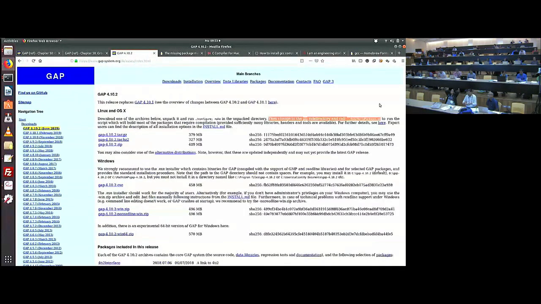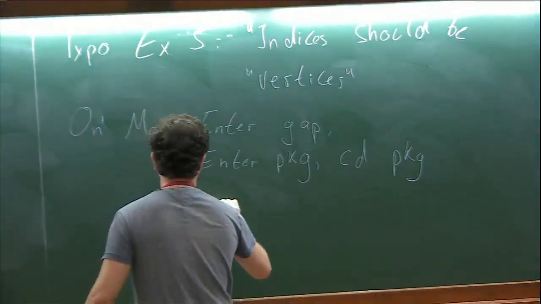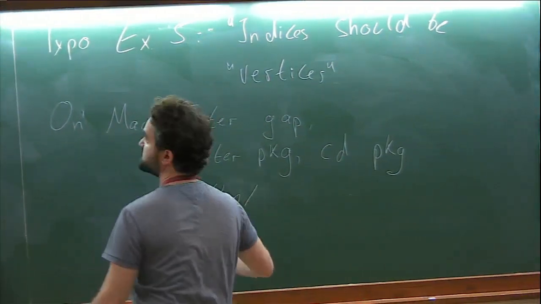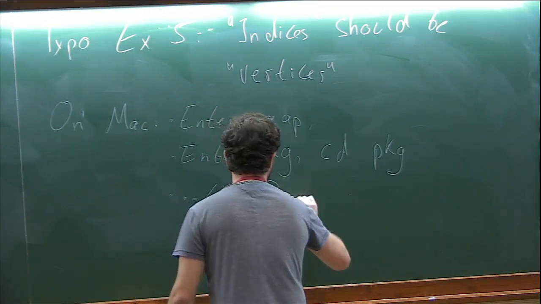So on Mac, to install the packages, enter the GAP directory, then enter pkg. So just type cd pkg and then type this command: bin two dots bin build packages.sh.